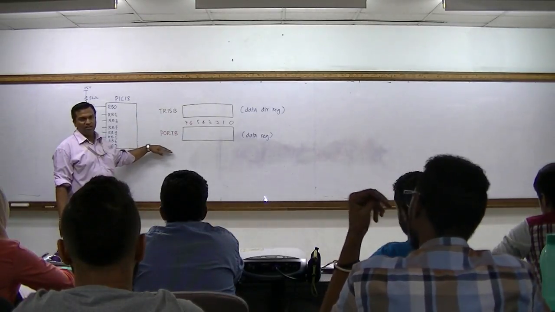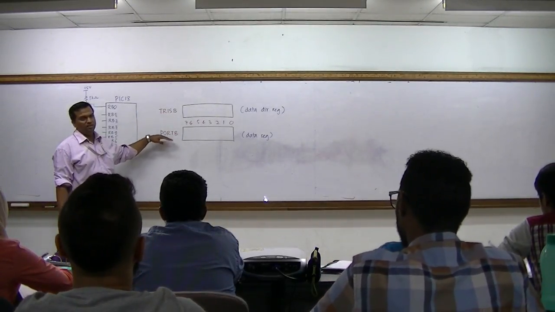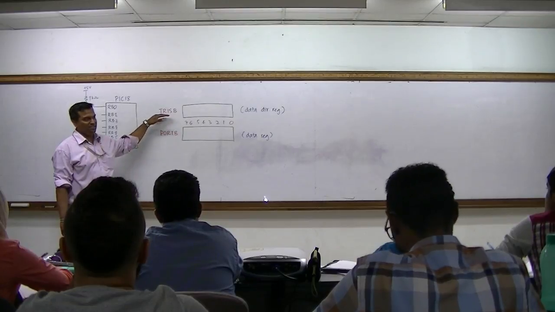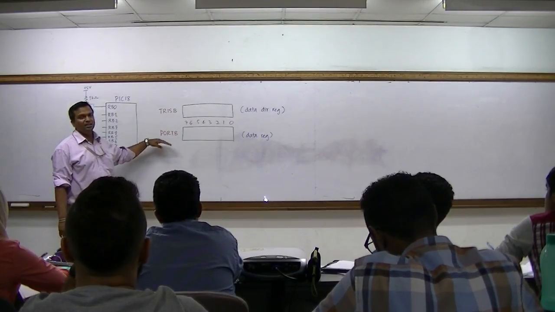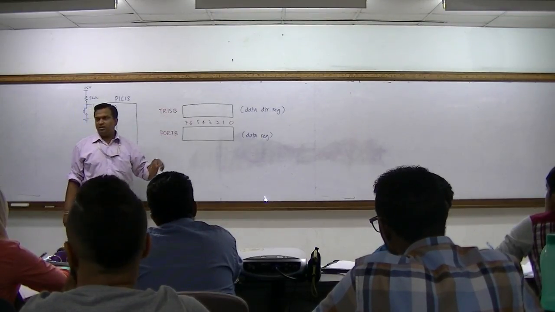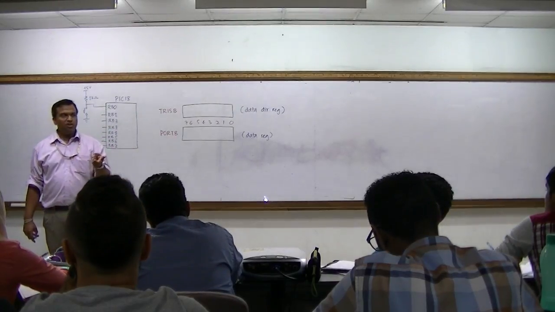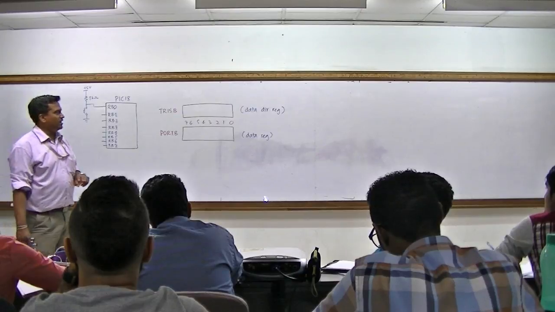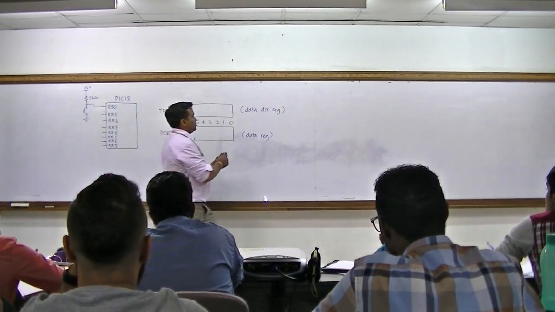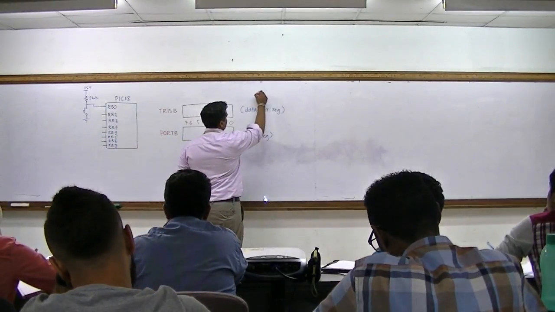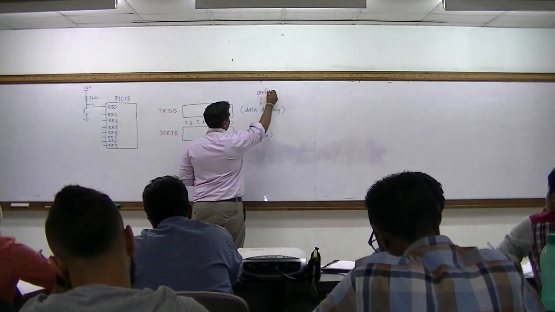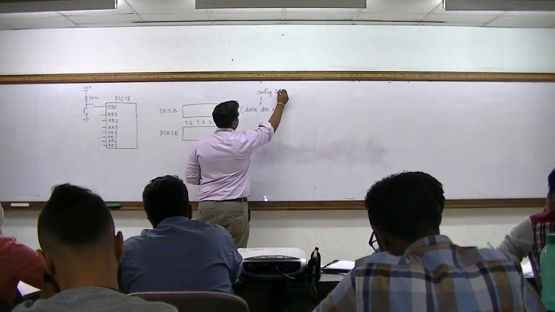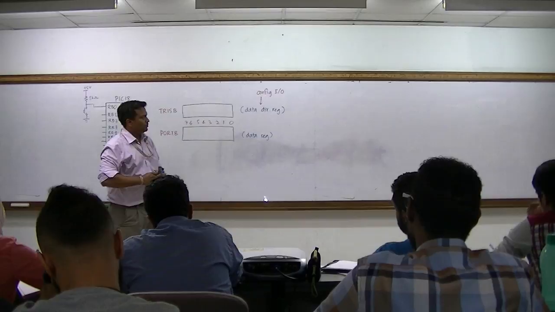That means PORTA, TRISA, PORTB, TRISB, PORTC, TRISC, PORTD, TRISD. Is it good to understand? Each port has its own data register and data direction register. You understand? So here is where we do the configuration of input and output.